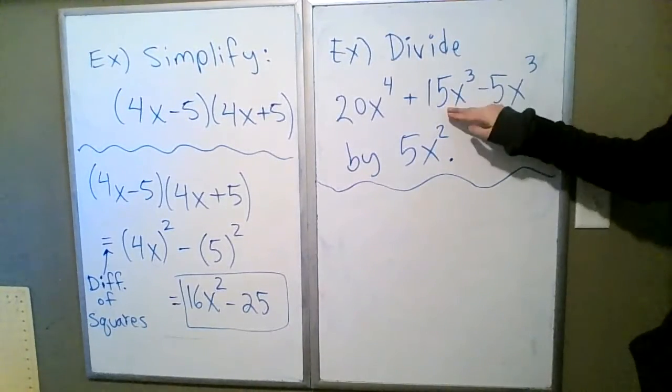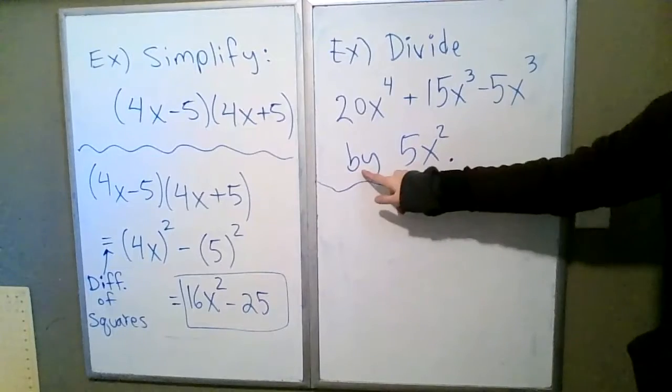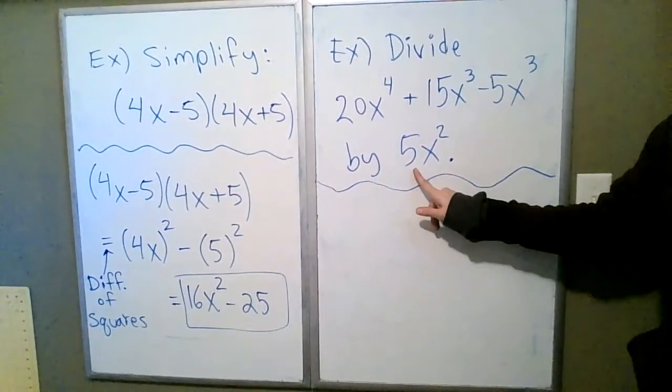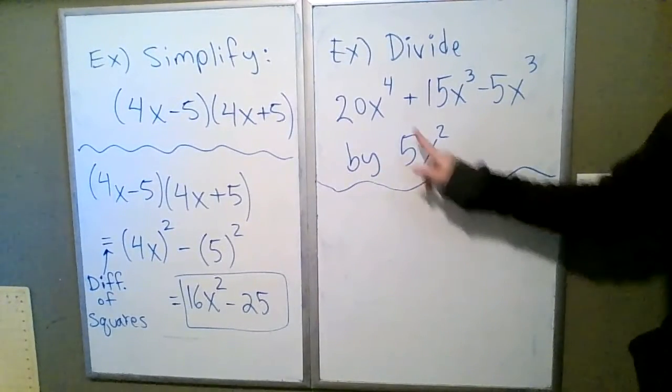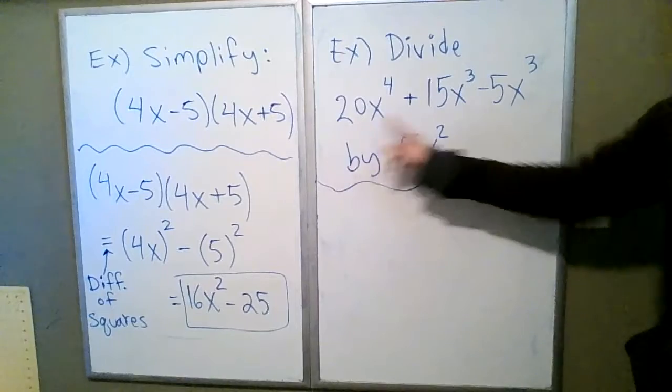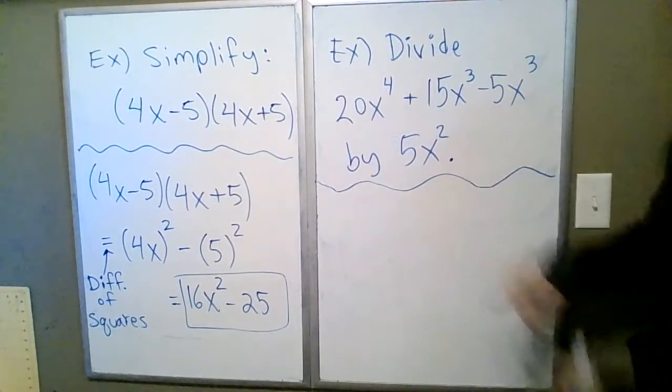To divide this polynomial by this polynomial, we're going to just first write that out. We're going to put this over that.